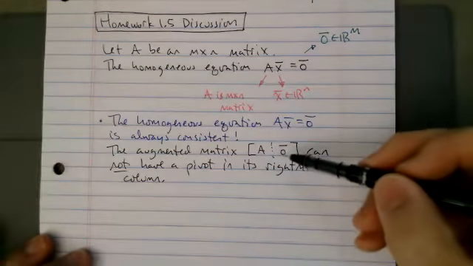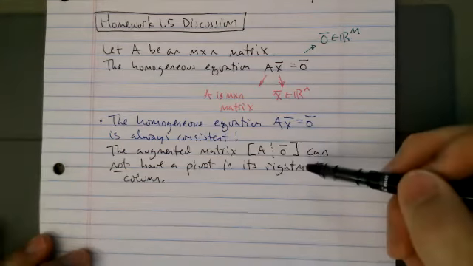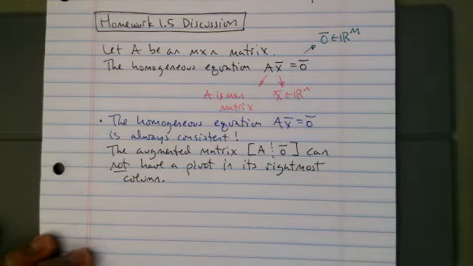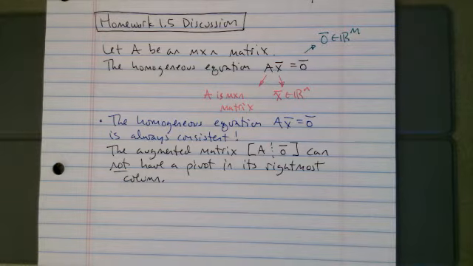All we have in the rightmost column are zeros. The rightmost column of the augmented matrix for a homogeneous matrix equation will never have a pivot, so the homogeneous equation is always consistent.